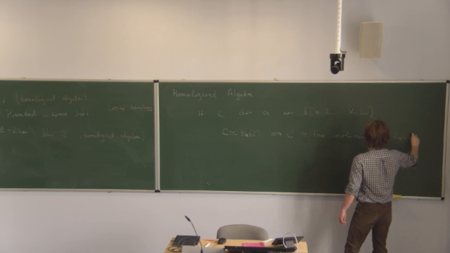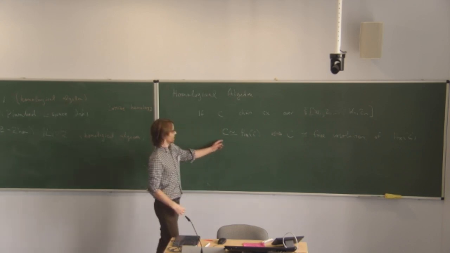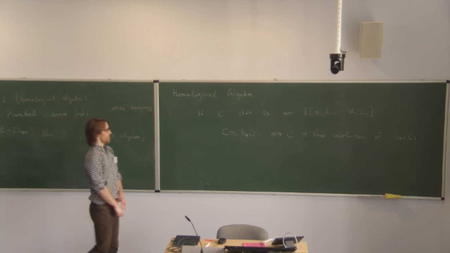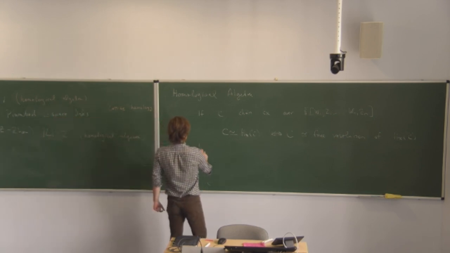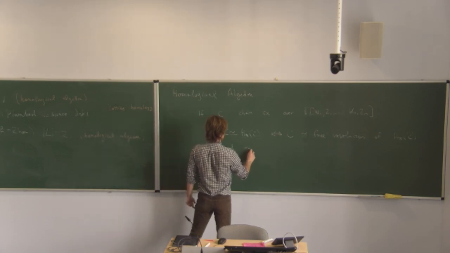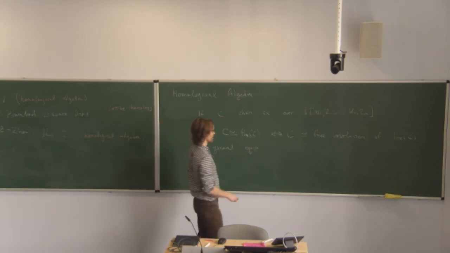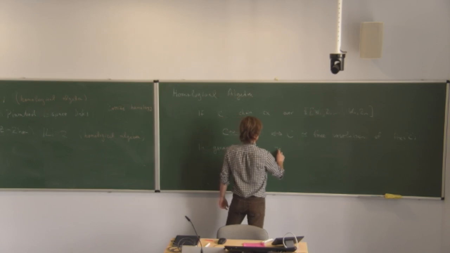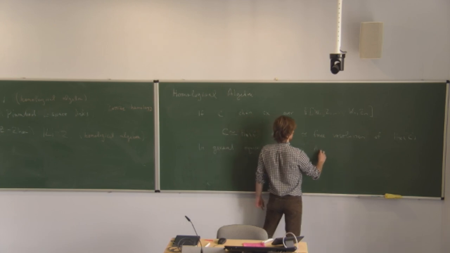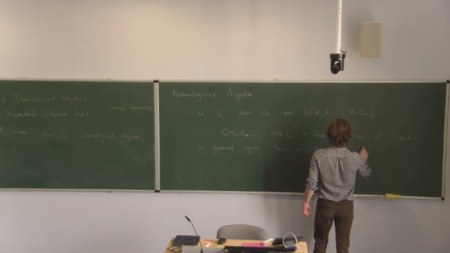This is not something that generally happens. Typically, a chain complex will not be homotopy equivalent or quasi-isomorphic to its homology, but in general you can equip the homology with the structure of an A infinity module over this ring.